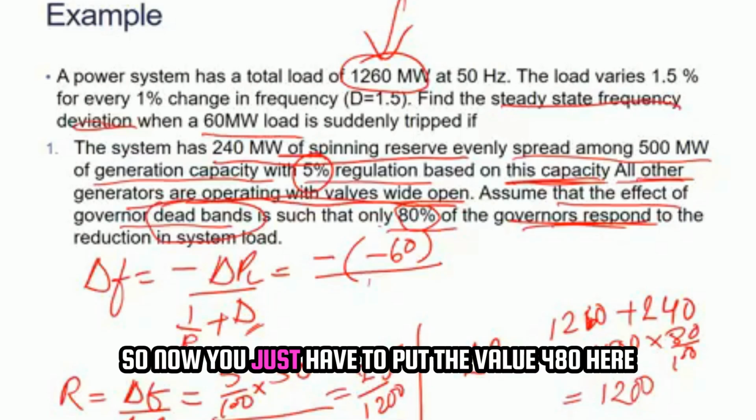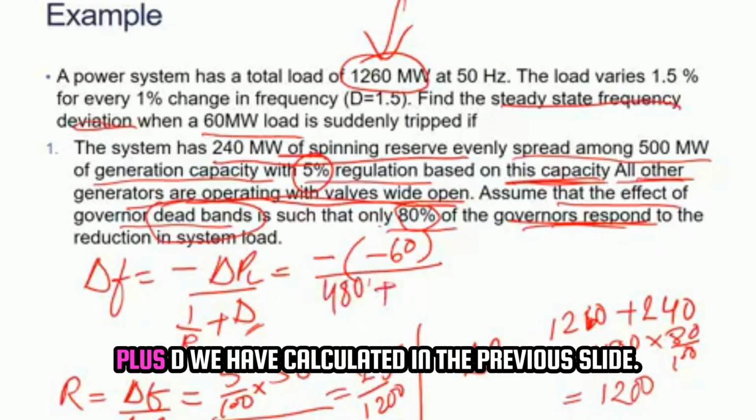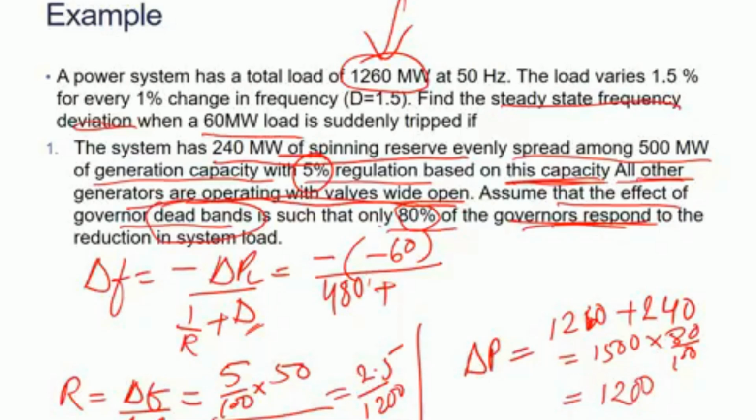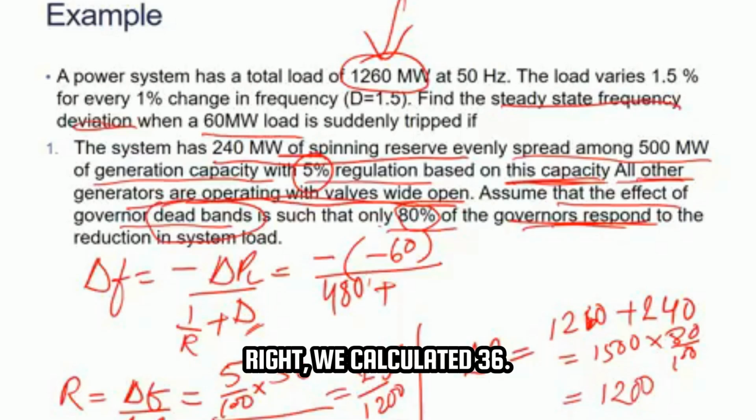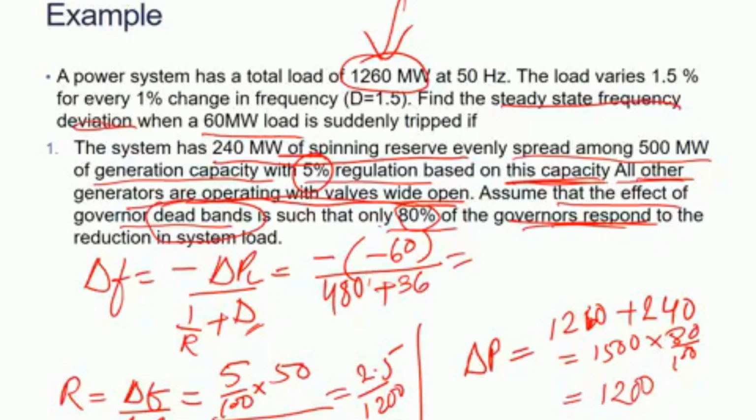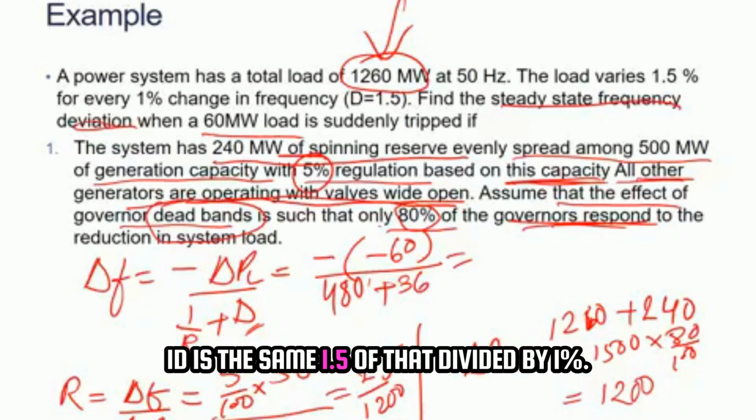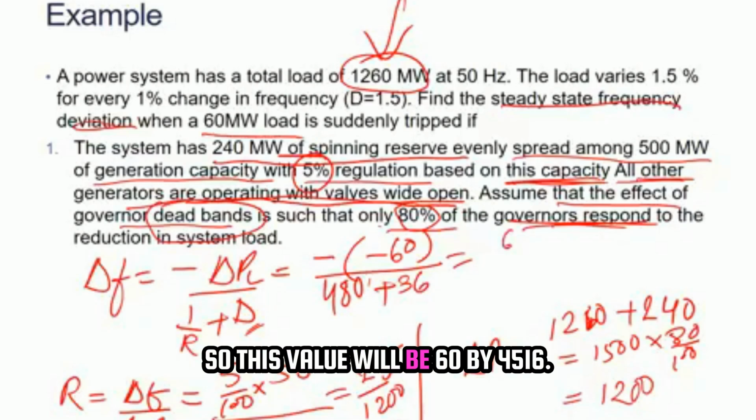So now you just have to put the value 480 here plus D we have calculated in the previous slide. What was the D value? I think it was 36, right? We calculated 36. Yeah, D is the same, 1.5 of that divided by 1%. So this value will be 60 by 516, right?